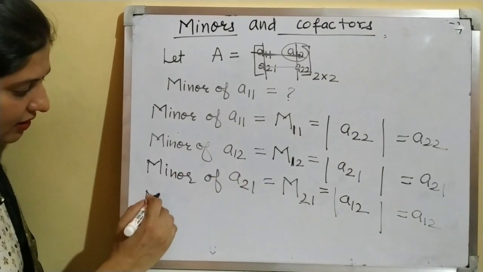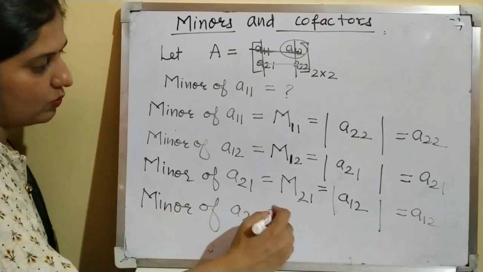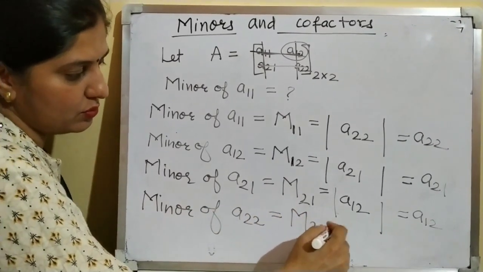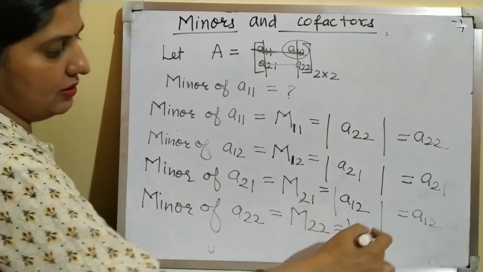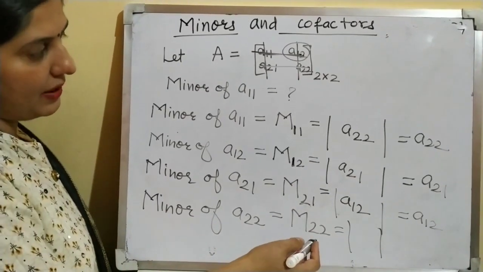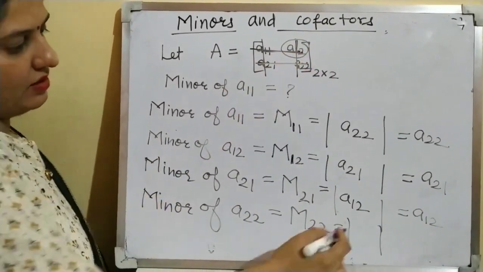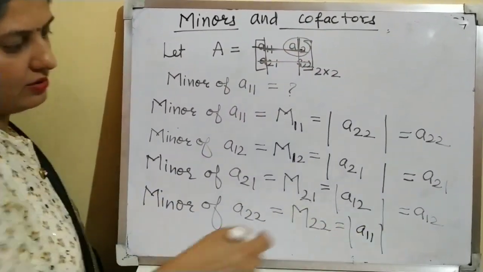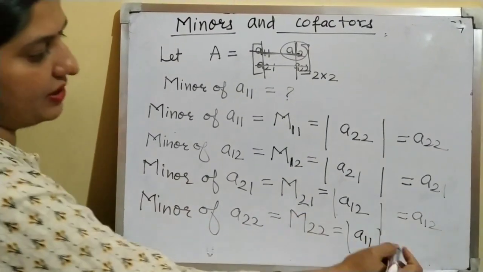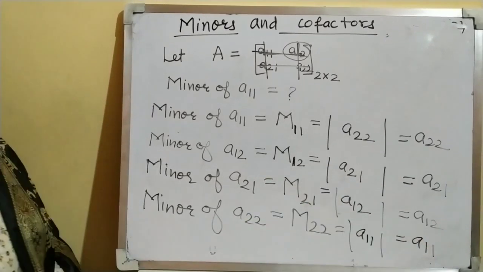In the same way, the minor of A22 is M22. It is the determinant of the submatrix obtained by deleting the second row and second column. We get A11.